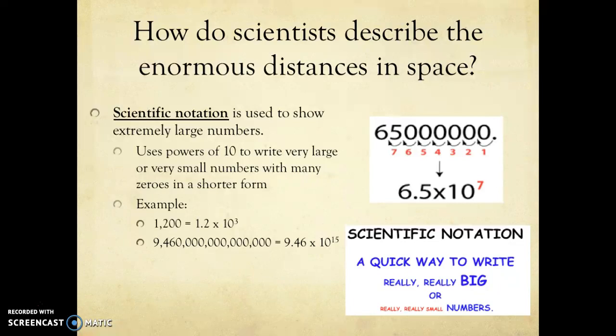So if you see something like in the examples, like the 1.2 times 10 to the third power, well, that's not a very big number. But right below that, the 9.46 times 10 to the 15th, that is a light year. So that many kilometers, look at all those zeros. That's how many kilometers are in a light year.